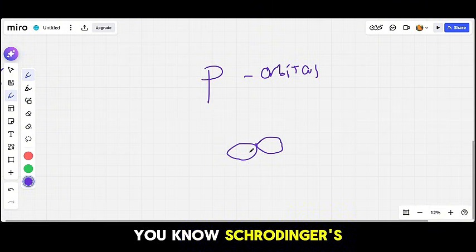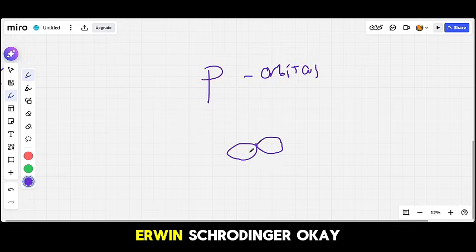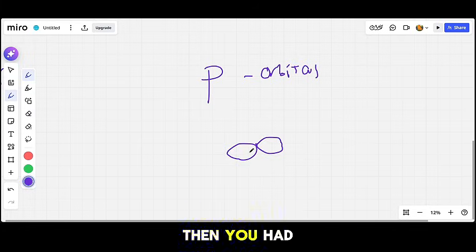If you've heard of Schrodinger's cat, Erwin Schrodinger, a physicist, had this thought experiment where you had a box with a cat inside it, and a radioactive device. If you never looked at the cat inside the box, you would never know if it's dead or not.